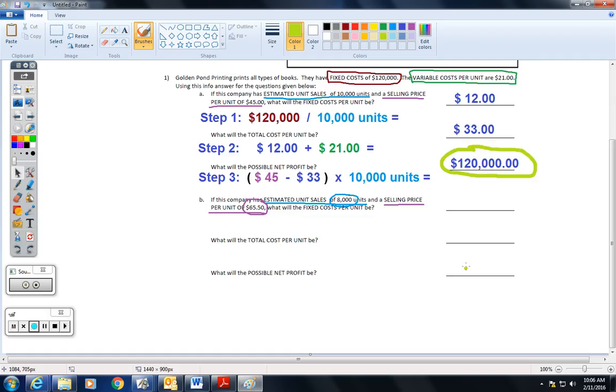You're going to have to compare it versus this one for the 8,000 number, and then scroll down a little bit and do the same thing for letter C. Whichever number is bigger, that's the choice you're going to make, whether it's 10,000, 8,000, or down here, 7,000.